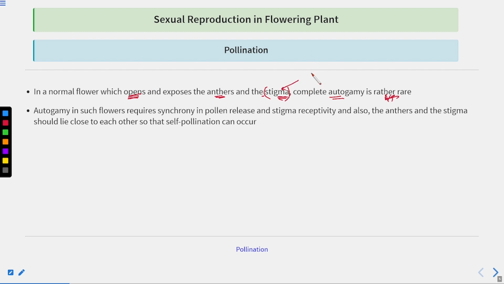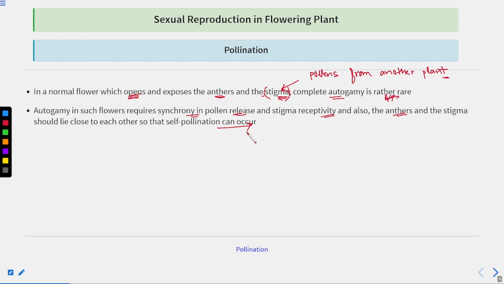So you can write here, the pollens from another plant can land on the stigma. Now autogamy in such flowers requires synchrony in the pollen release and the stigma receptivity, and also the anthers and the stigma should lie close to each other so that pollination can occur.